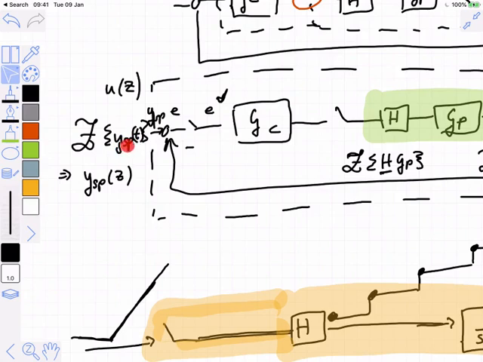I want you to resist thinking about it that way, because technically the Z transform is a property of signals, or of functions of time. It isn't an operation that we can actually do on a transfer function. It's an operation that we do on functions of time.